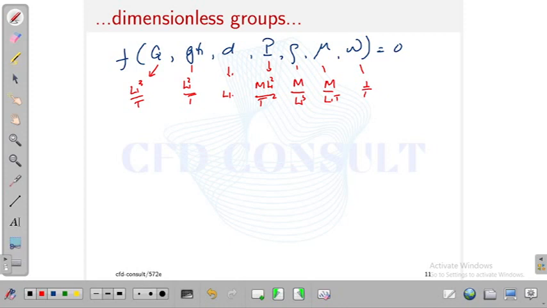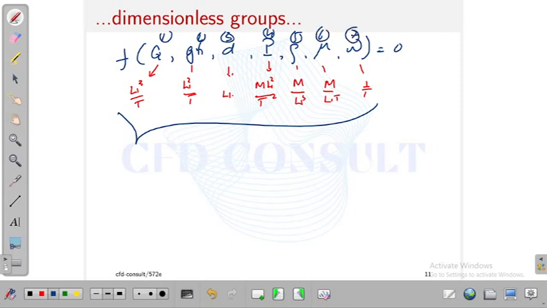So when carrying out a dimensional analysis, we need to consider each of these. And in our case, we know that the variables that we are talking about are 1, 2, 3, 4, 5, 6, 7. So n is equal to 7 from Buckingham's pi theorem. And then m, which is the number of fundamental dimensions, is length, time, and mass.